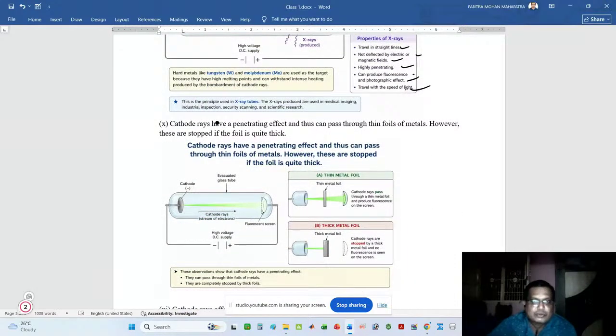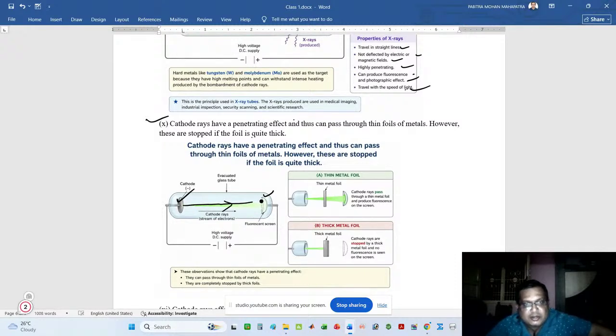Next point is cathode rays have a penetrating effect. Cathode rays can pass from one side to another through a thin metal foil. So cathode rays have a penetrating effect and can pass through thin foil of metal. However, they are stopped if the foil is quite thick. Look at that, this is the cathode, this is the anode. Here cathode rays flow from cathode to anode.